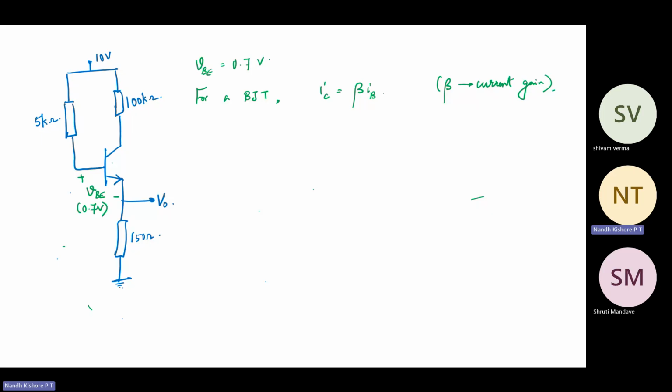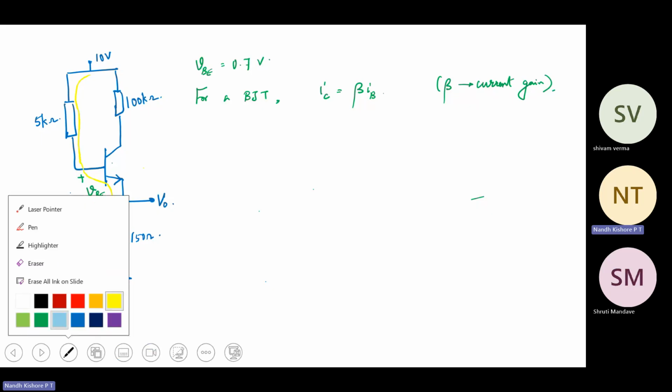So from the base side equation, let's construct the KVL equation. I will take KVL through the path in yellow that I have shown. So apply KVL in base side.